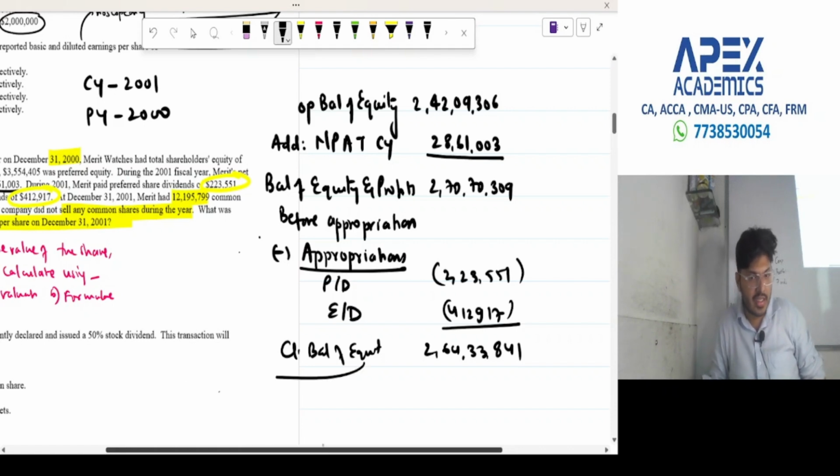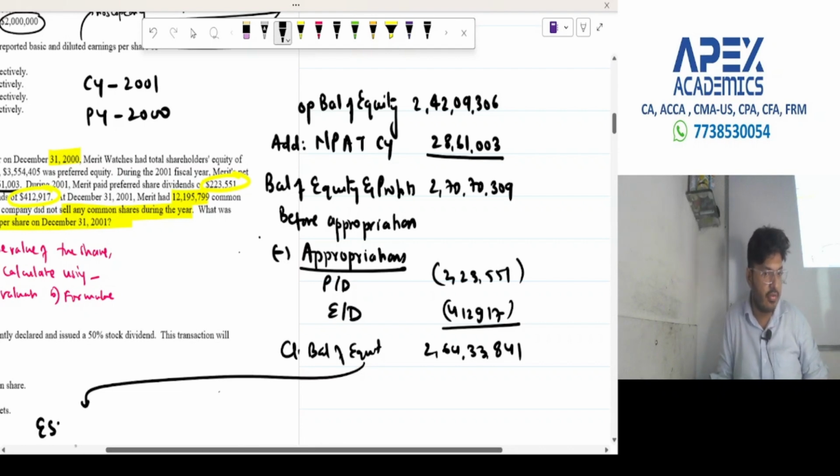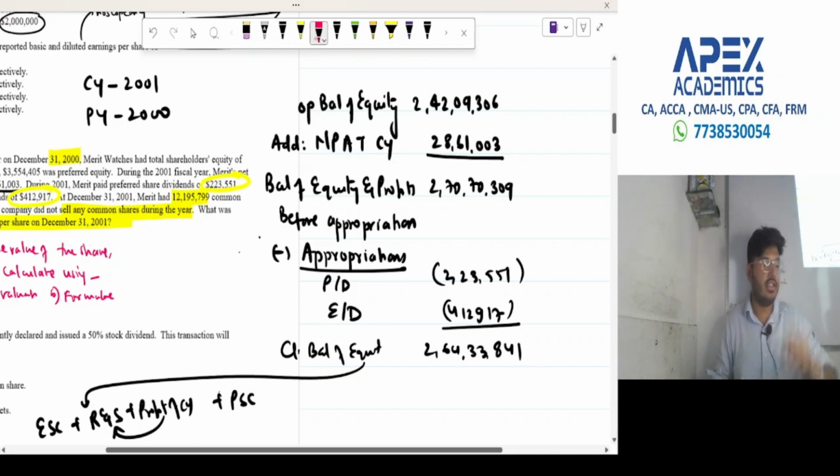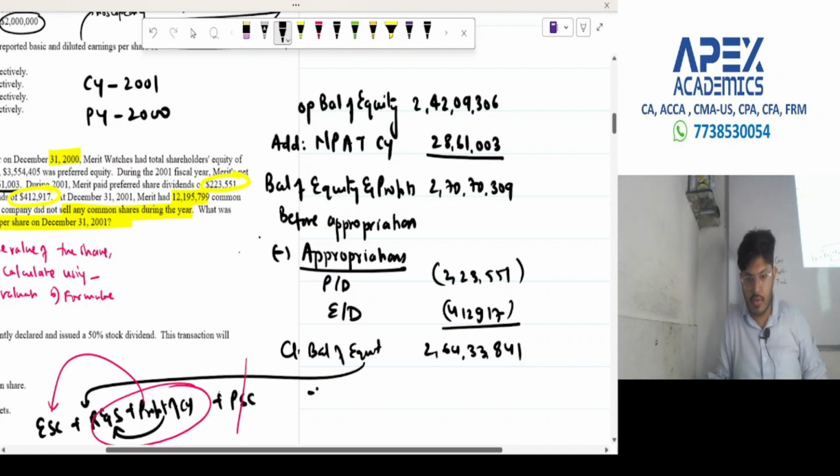Now, when I say equity, this is equity share capital plus reserves and surplus plus profits of current year which go and sit in reserves and surplus, plus preference share capital. I want the value of one equity share. So I will remove preference share capital from this, because reserves are ultimately the property of the equity shareholder.